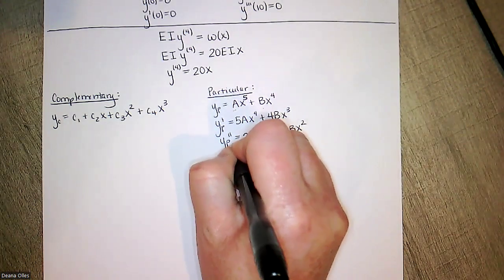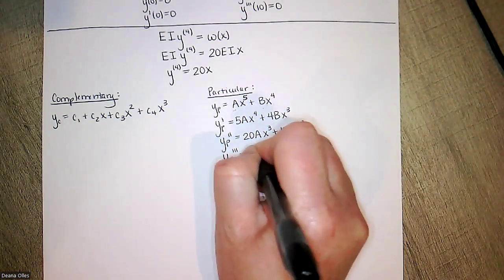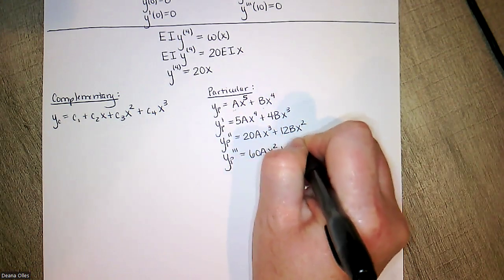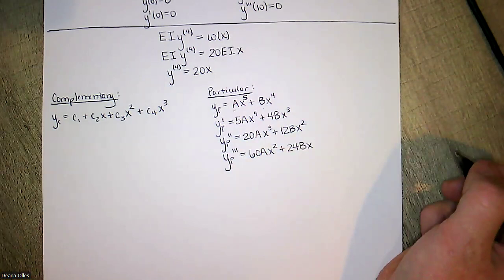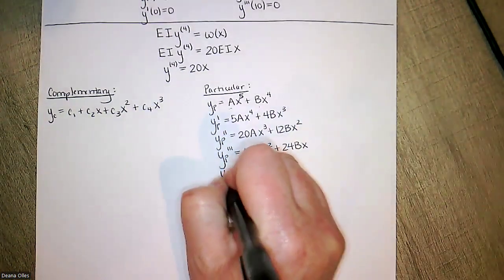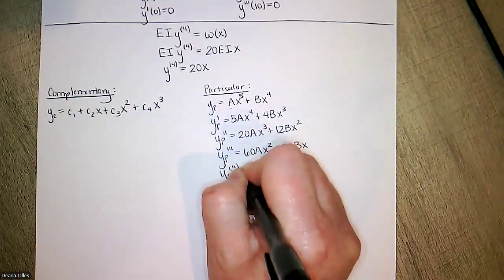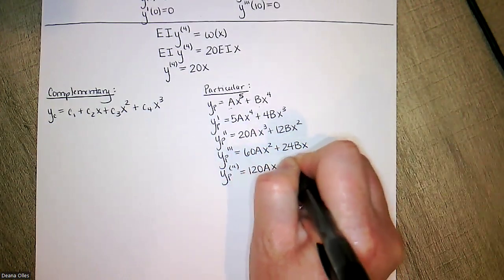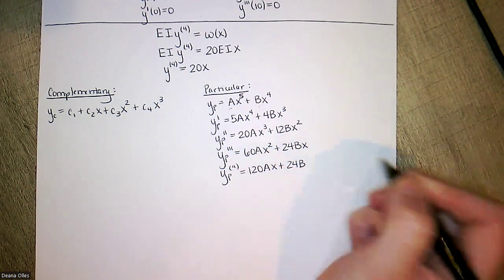Yp triple prime is going to be 60ax squared plus 24bx. And then the fourth derivative of yp is going to be 120ax plus 24b.